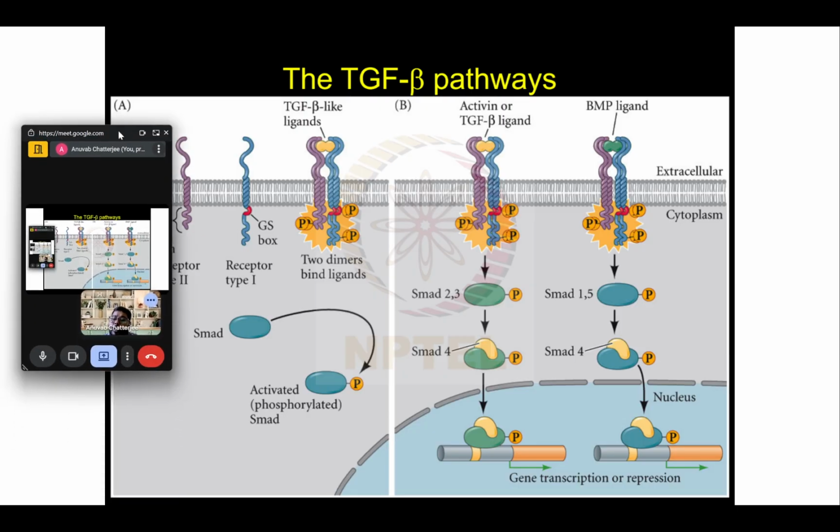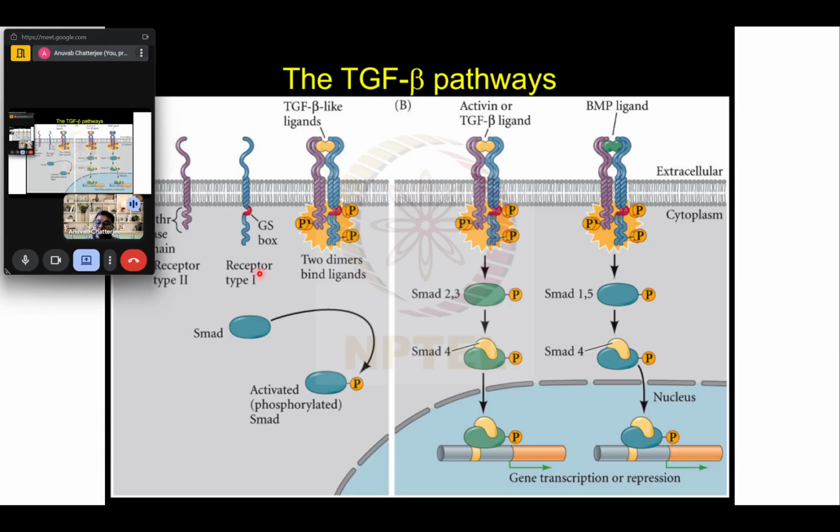Now once the ligand binds to this huge tetrameric complex, the receptor type 2 does something known as transphosphorylation. It phosphorylates the receptor type 1s in the GS box. This essentially activates the receptor, which causes downstream signaling. And how it occurs depends on what kind of pathway we are talking about.